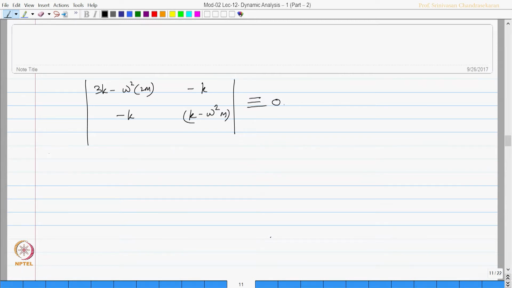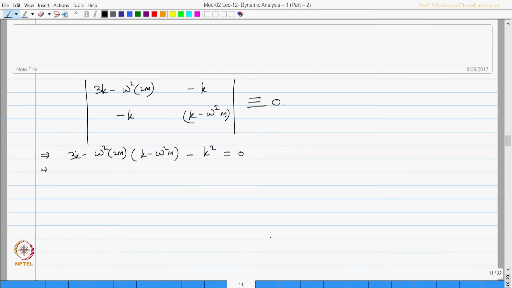So, doing that, expanding, I get 3k minus omega square 2m into k minus omega square m minus k square is 0.